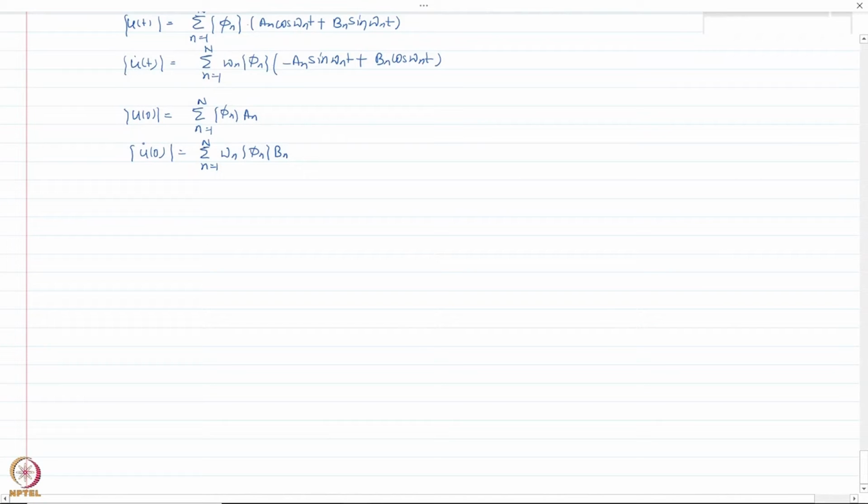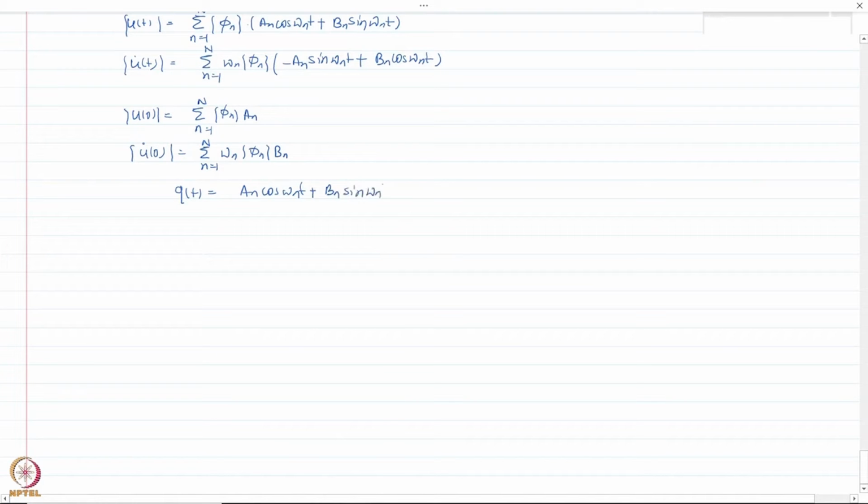Now, let us say my qn of t is written as an cos omega nt plus bn sin omega nt, the general solution that we had assumed.